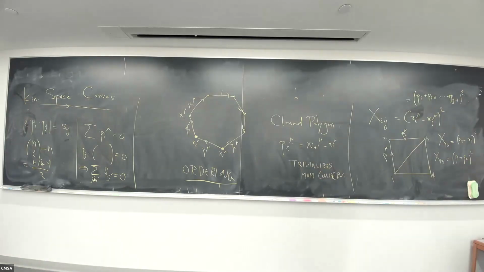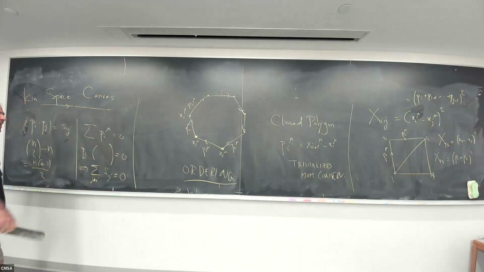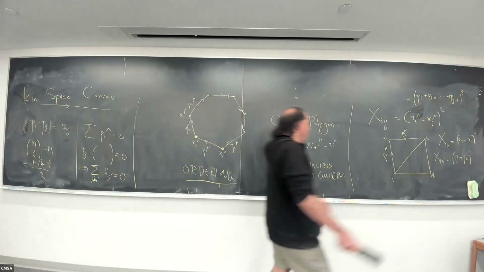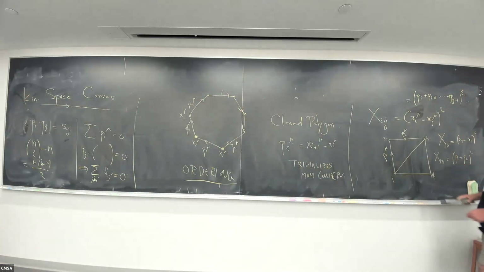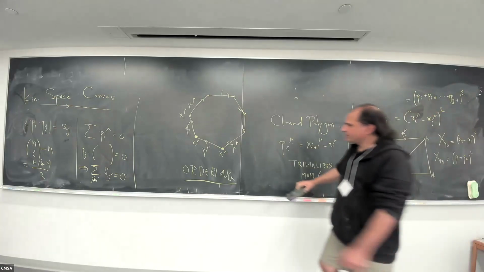Every pair minus the adjacent ones. Why don't I have the adjacent ones? Because the adjacent ones are just the p squareds that are not varied. The p squareds are locked to 0, or the mass squareds, or whatever they are. So that is very cool, that these x_ij's are both the geometrically natural things in this picture, and they're also a basis for all the possible invariants.